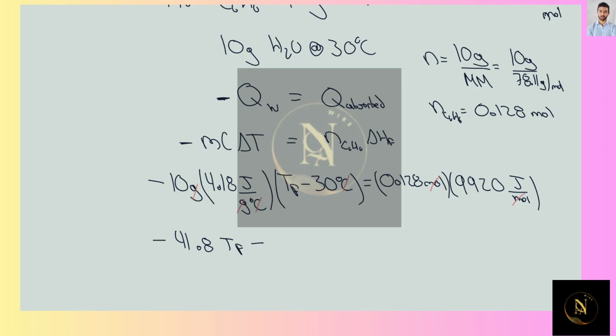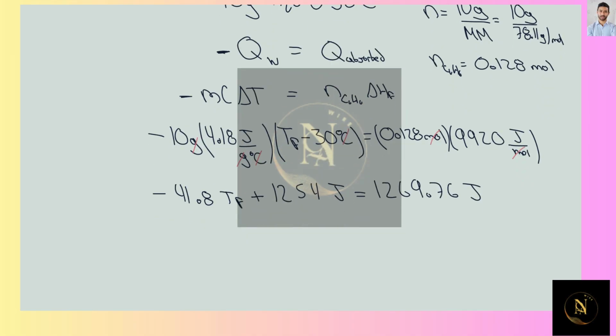Minus with minus becomes a plus, 1254 joules. And this will be equal to 1269.76 joules on the right hand side.